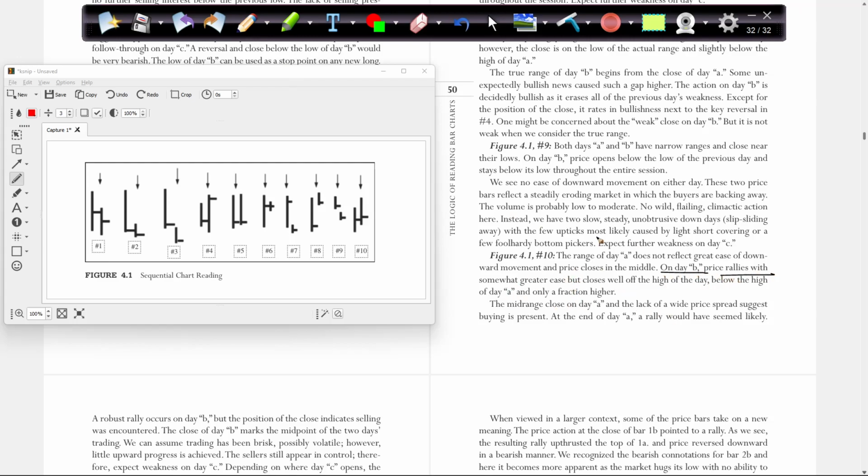On day B, price rallies with somewhat greater ease but closes well off the high of the day, below the high of day A and only a fraction higher.